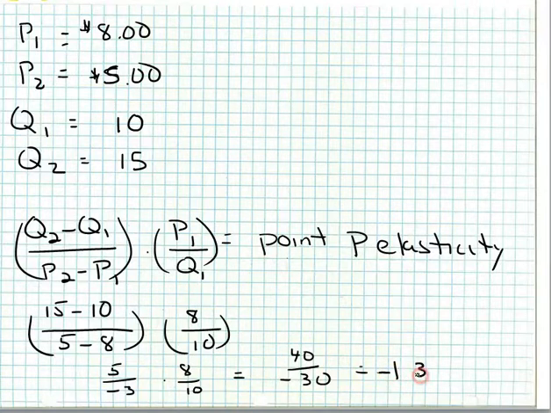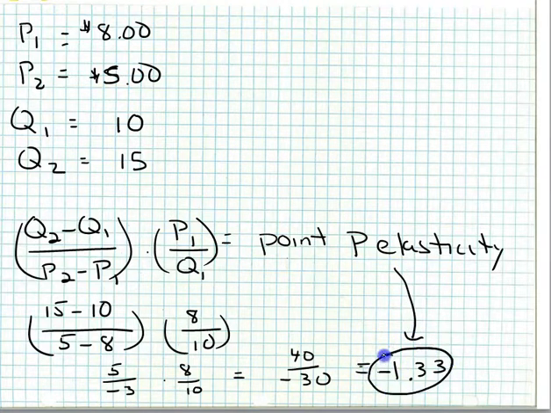Negative 1.33. So calculating this point price elasticity of demand at negative 1.33 says a 1% increase in the price of food leads to a 1.33% decrease in the quantity demanded, or we decrease price this time, so we can say a 1% decrease in the price of food leads to a 1.33% increase in quantity demanded.